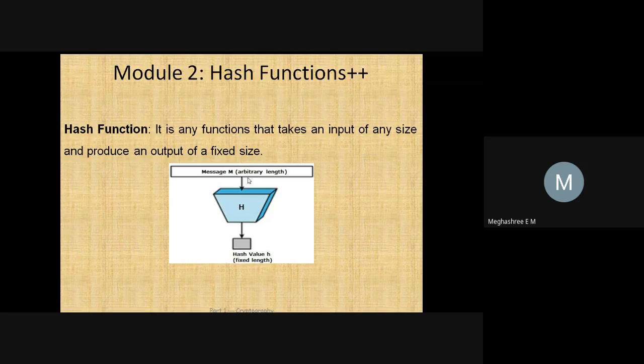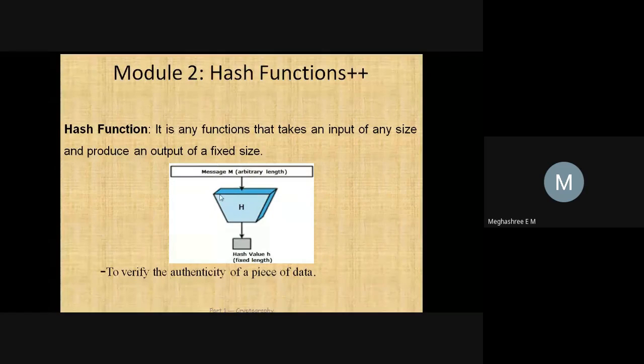So whatever message you feed to this hash function, the output will be of fixed size and it will be of smaller length compared to the input. Fine. So why is this hash function basically used? It is used to verify the authenticity of a piece of data, or you can say to check the authenticity of any message involved in the communication between the communicating parties.